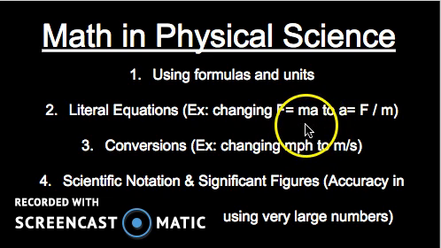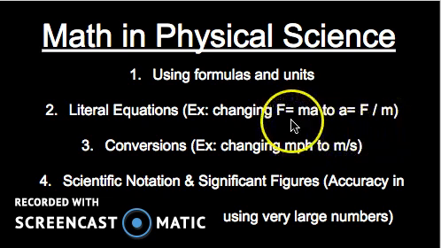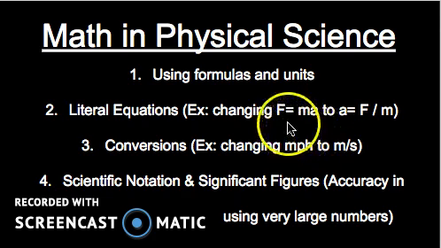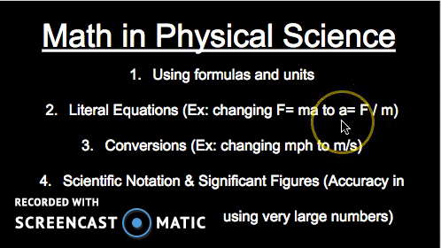You multiply them together and you get the force. But sometimes you may be given the force and the mass. And you have to be able to take this formula and end up with the formula over here because you don't have acceleration. Literal equations are changing one formula to the next to be able to put the correct value in there. And that's what literal equations are.